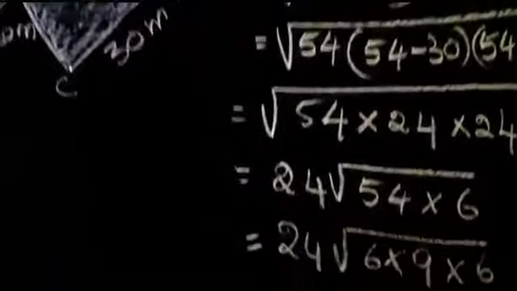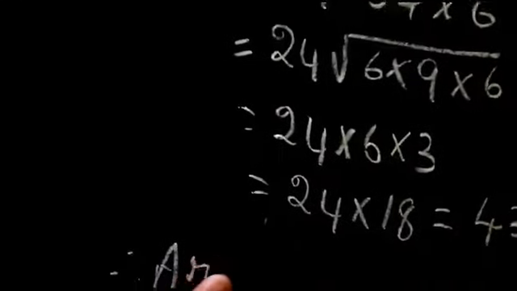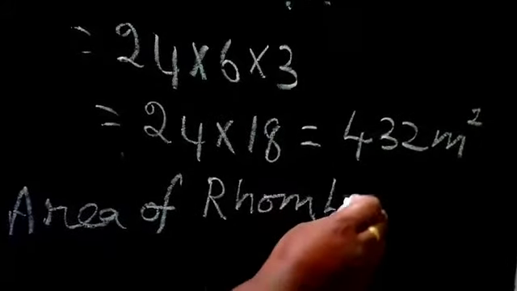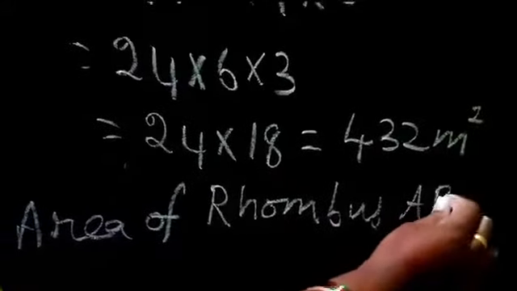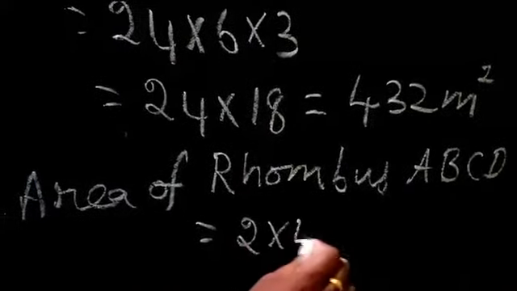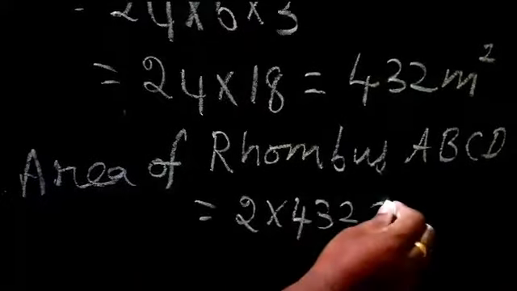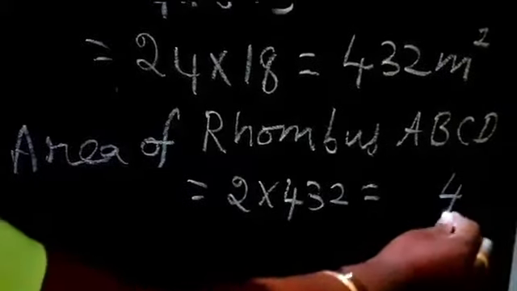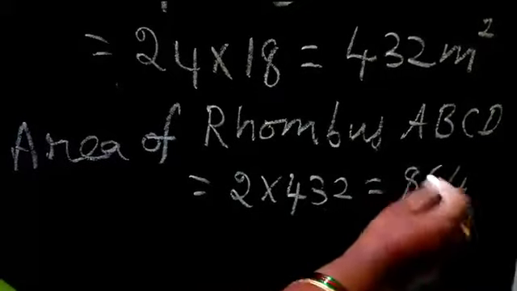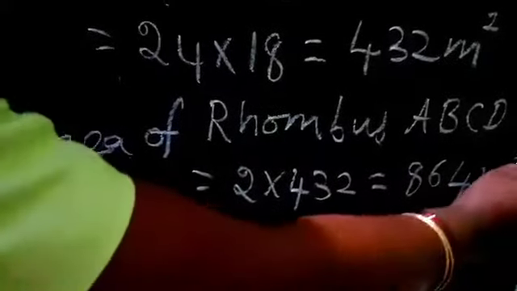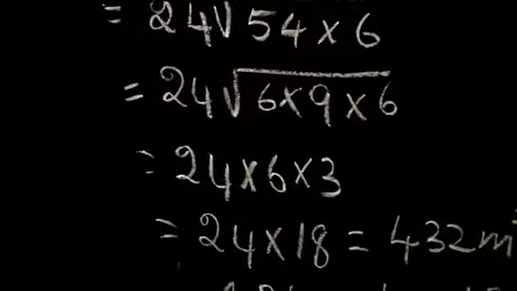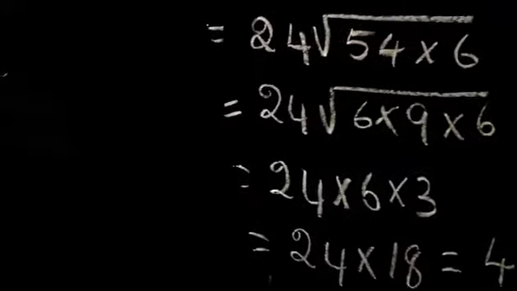Therefore, area of rhombus ABCD equals 2 into 432. 2 2s are 4, 2 3s are 6, 4 2s are 8, so 864 meters square. Then how many cows are eating this? 18 cows.